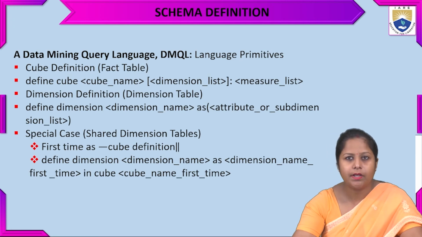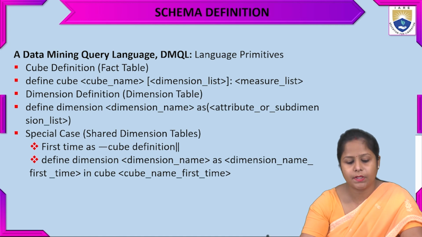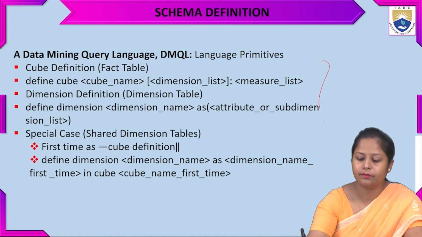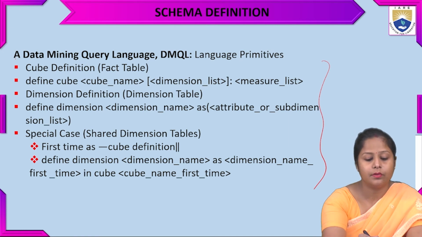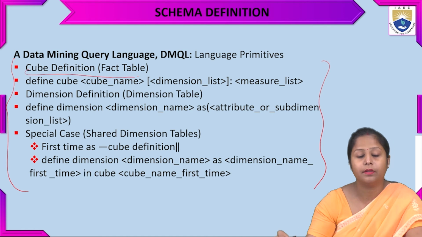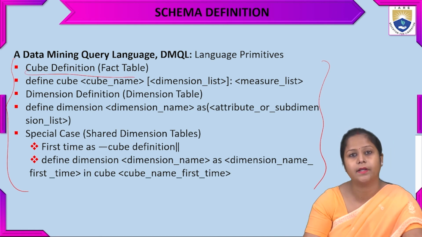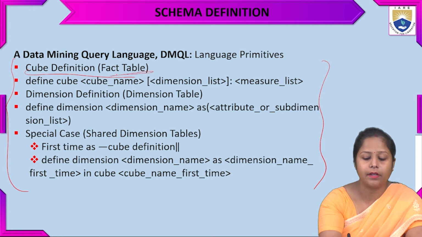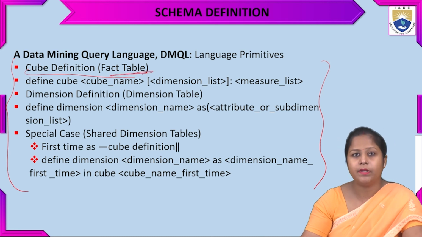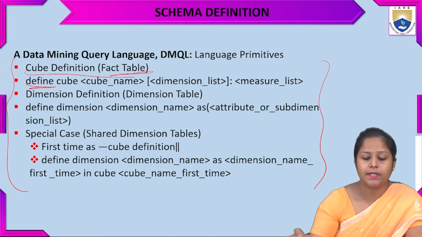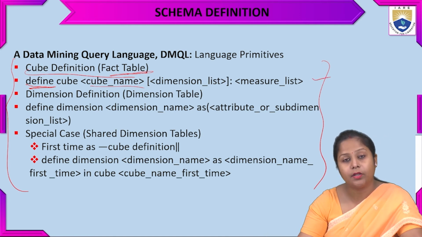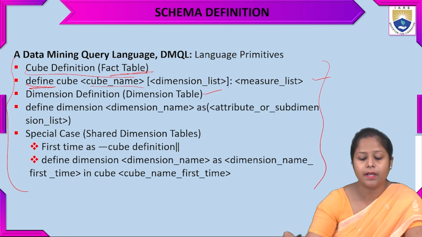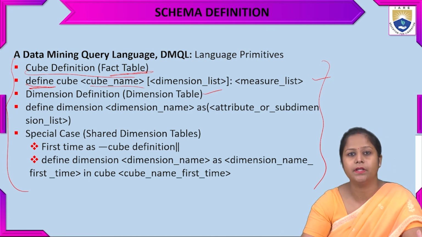So for the data mining query language, the language primitives will be there. Like this, we can see here how the schema will be written in a real example. First there will be the cube definition for the fact table. So here will be the fact name, right? That will be the cube definition. Then again that will define the schema. It will start from define cube and the cube name, like we have seen. Again the dimension definition, for the dimension table.